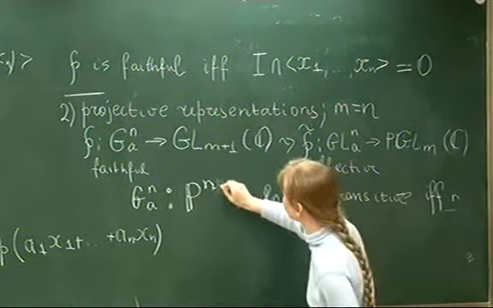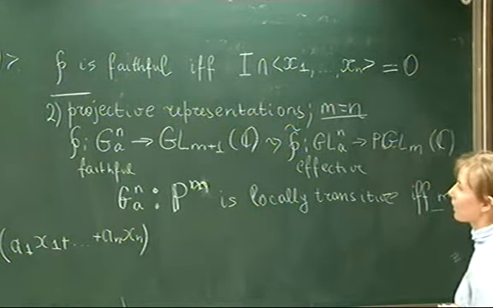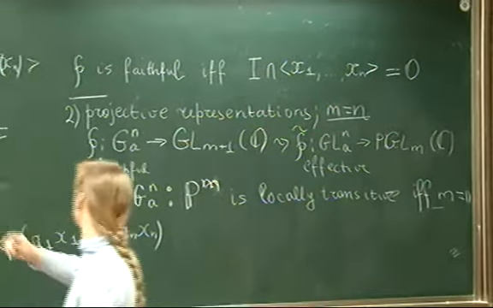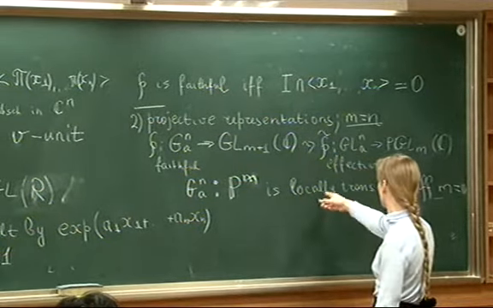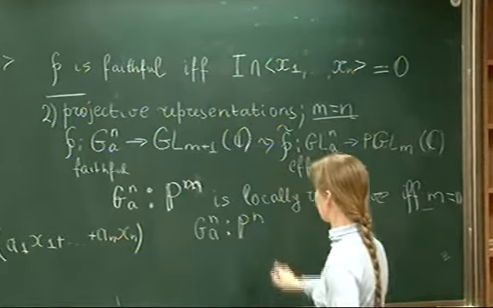So if we look at the case m equals n, we will get a theorem not about all representations of some sort, but we will know something about locally transitive action of the group G_a^n on P^n.